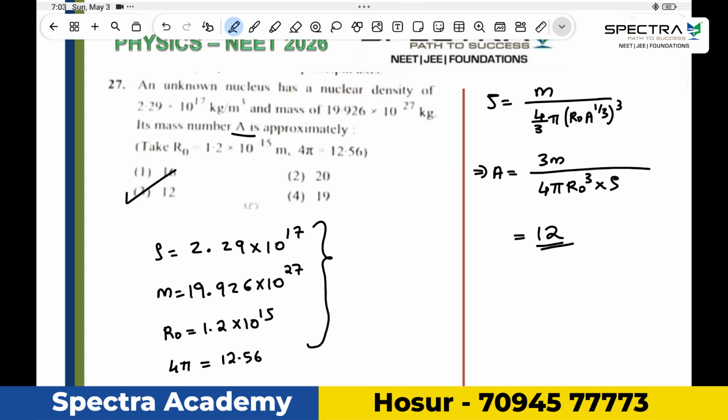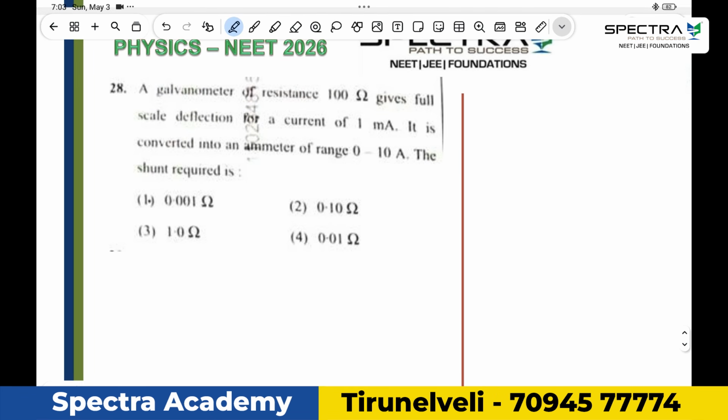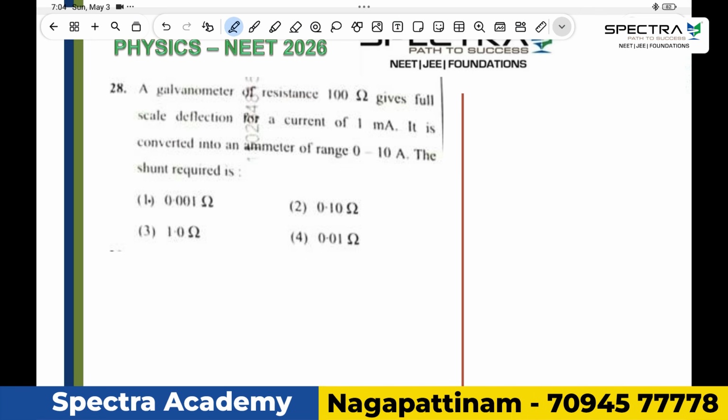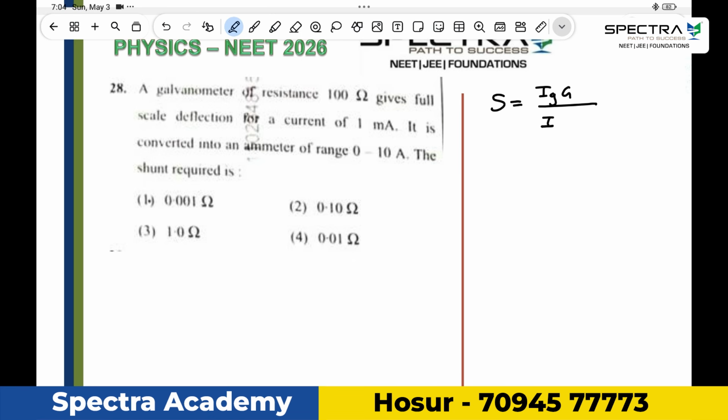Now coming to the next question. A galvanometer of resistance 100 ohm gives full scale deflection for a current of 1 milliampere. It is converted into an ammeter of range 0 to 10 ampere. The shunt required: you know the equation for finding the shunt resistance is Ig into G by I minus Ig.